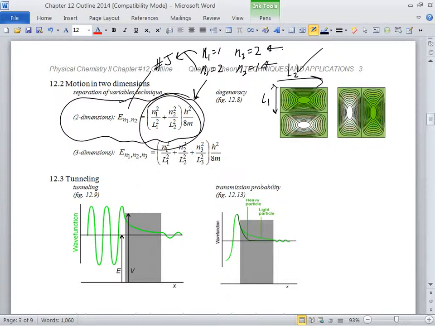In 3 dimensions, what are they going to be? They're going to be triply degenerate. It depends on which numbers you pick. You could have N1 be 1, N2 be 1, and N3 be 2, and then you just move that 2 around, and you're going to have triply degenerate. Okay.